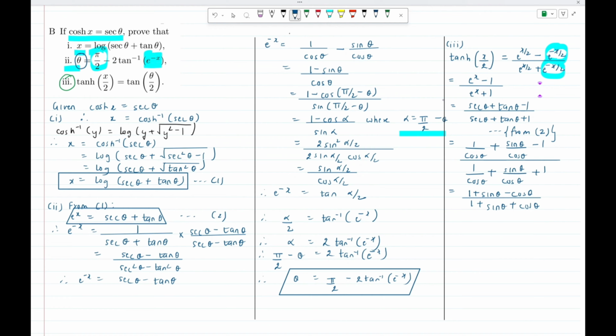Now what we are going to do is we are going to club in 1 and minus cos and 1 and cos.